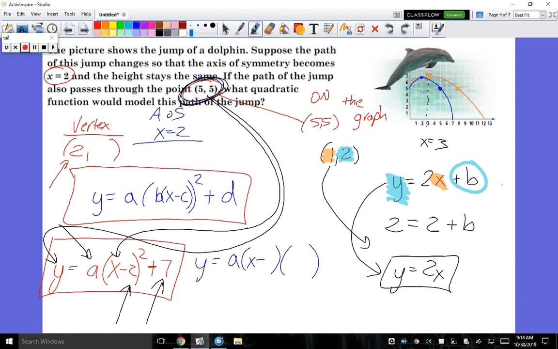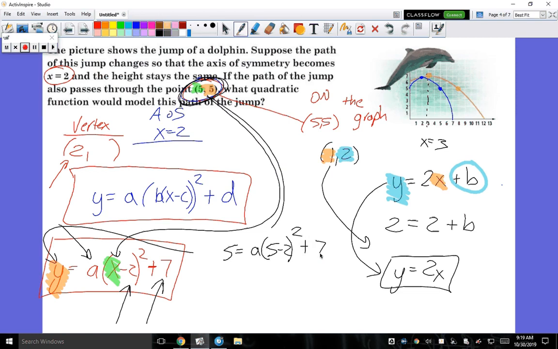So let's mathematically put 5 right here and put this y, 5, right here. You with me? And here we go. We're going to put 5 is equal to a(5 minus 2) squared plus 7.